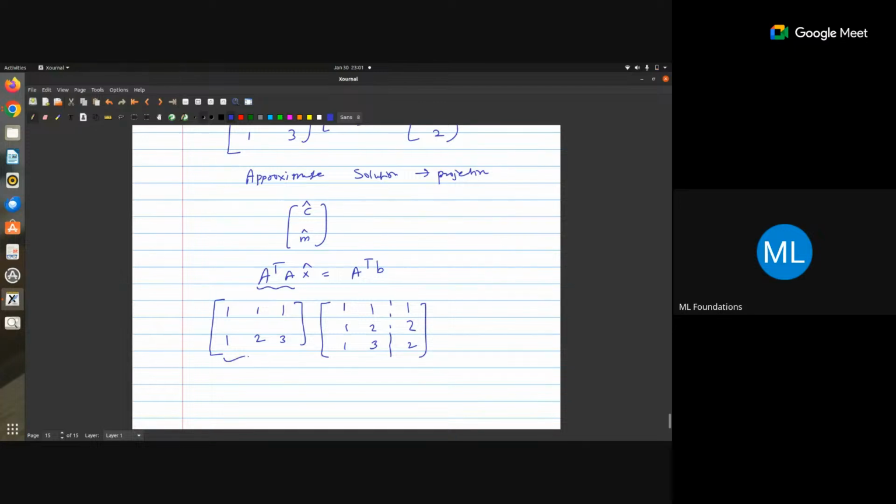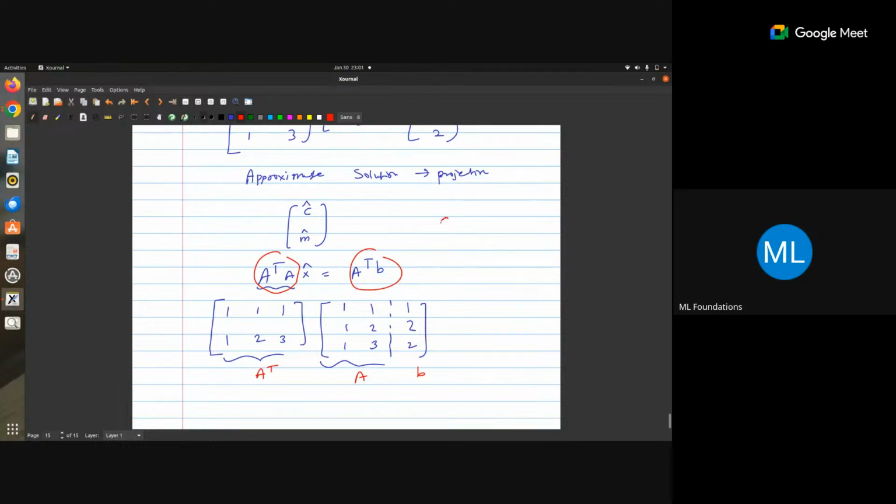Is it giving me the same thing here? So if I multiply this part with this part, I'll get A transpose A, right? This is A transpose, this is A, and this is B. If I multiply these values to that part, I'll get this part, A transpose A, and this with B, I'll get this part, right?